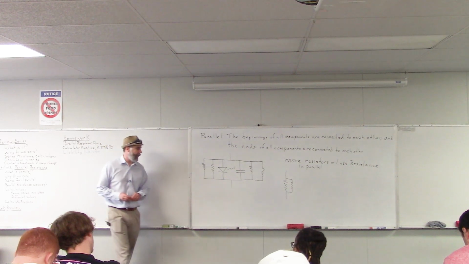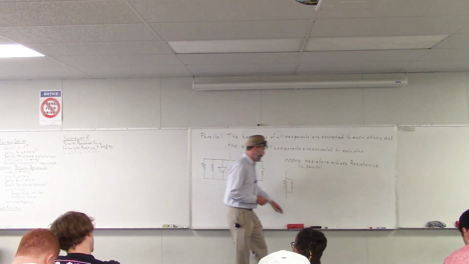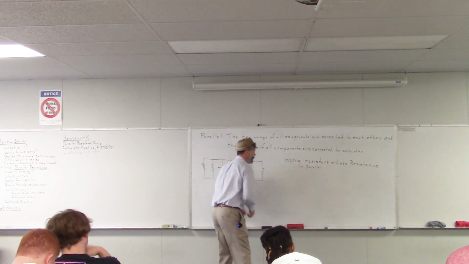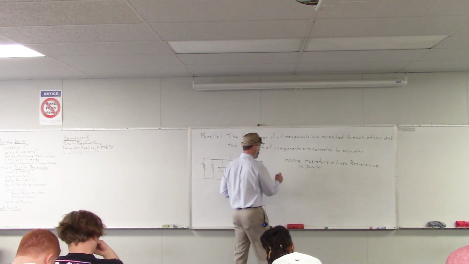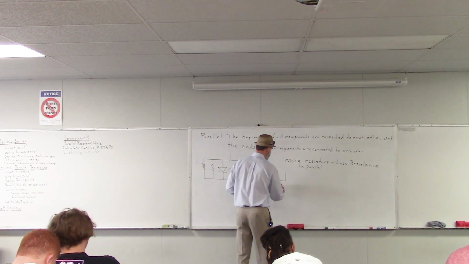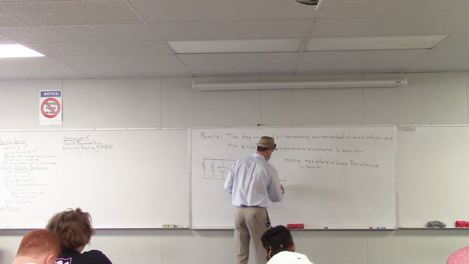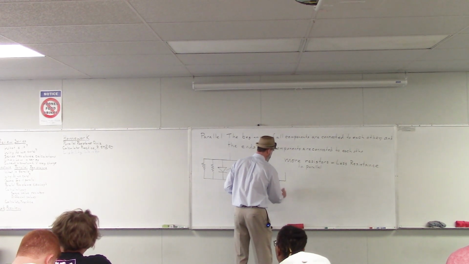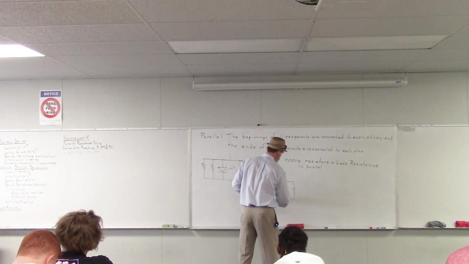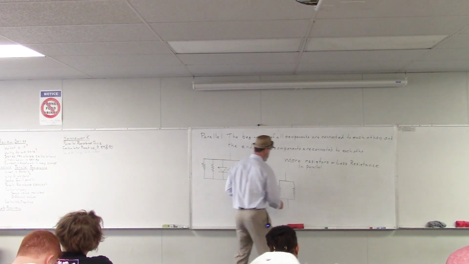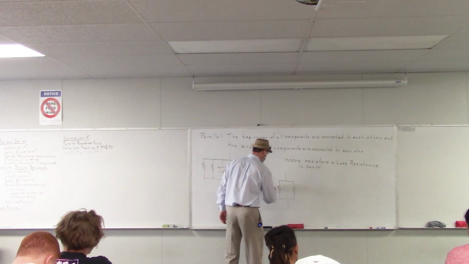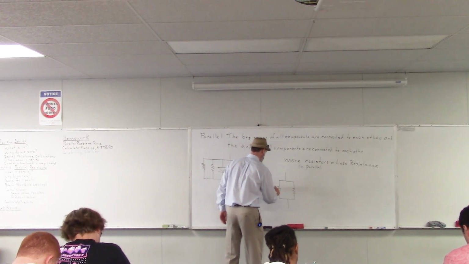So let's talk about how you can actually figure out how much resistance you have. So imagine that you have two resistors, and they're connected in parallel, and each one has a resistance of 1,000 ohms.